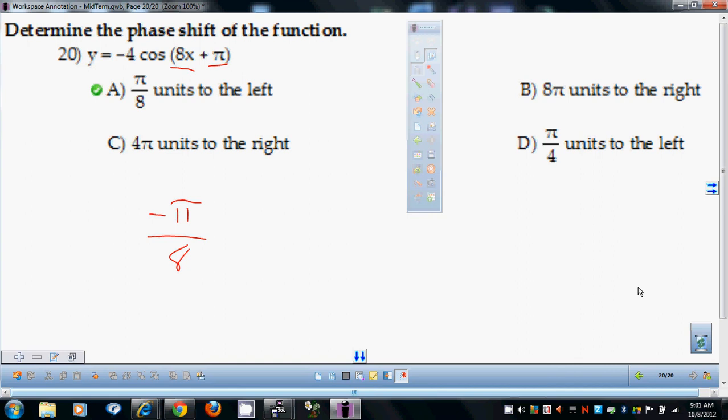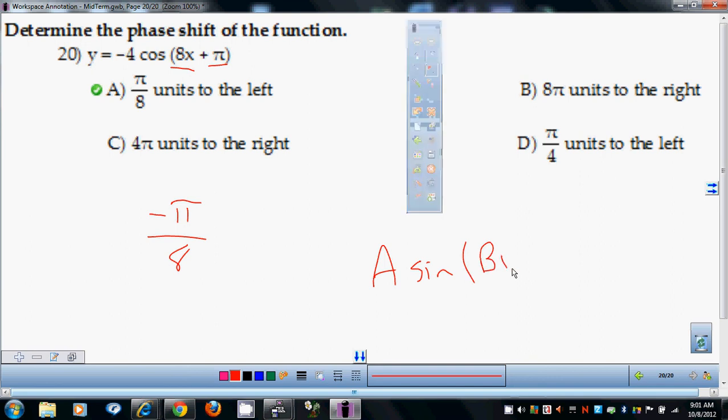Good question. If you remember, from that section, the formula was like this. It gave you all these letters, and it doesn't matter if it's sine or cosine. And it said C over B was the formula, as Kayla said, for phase shift.